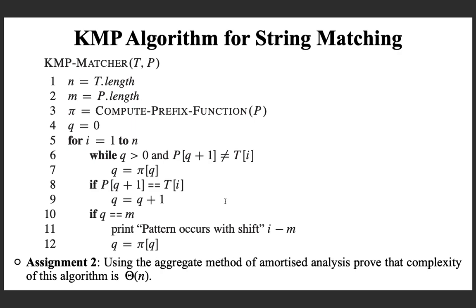When you do a sequence of operations, we are basically doing an aggregate amortized analysis, we can prove that it is theta of n. Okay, thus we are getting an amortized cost which is linear in the number of input symbols in the text.